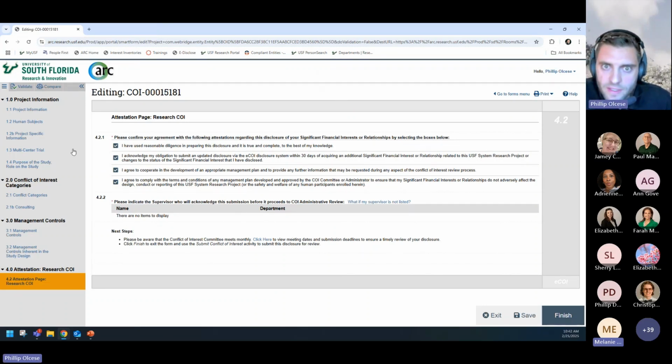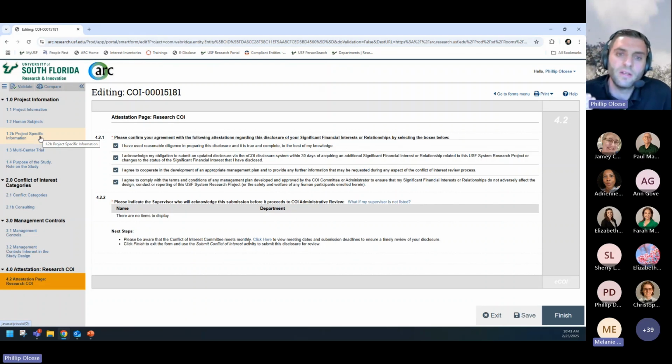For the sake of this demo, it won't let me select a supervisor here. But similar to the sponsor boxes, you can type in a supervisor's last name. It'll populate the list of anybody with that name and you can select them. And once again, if they're not listed, there's going to be an other box where you can type in the name.